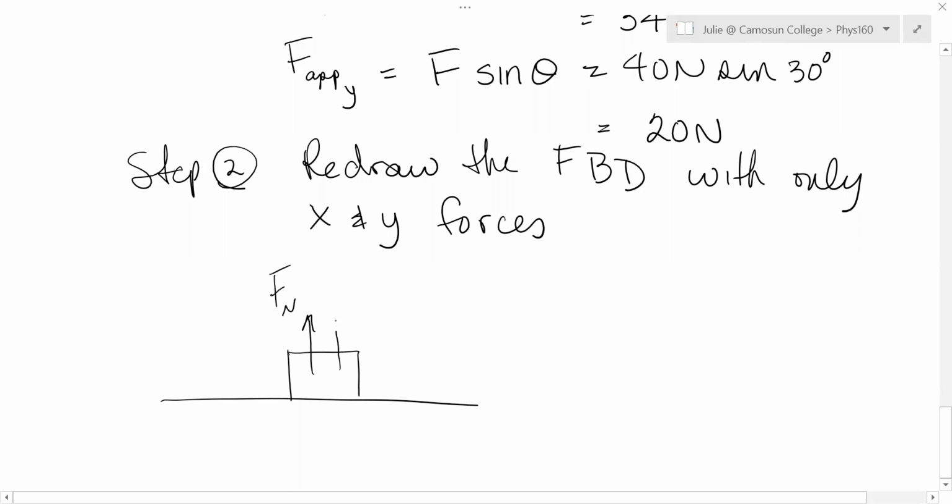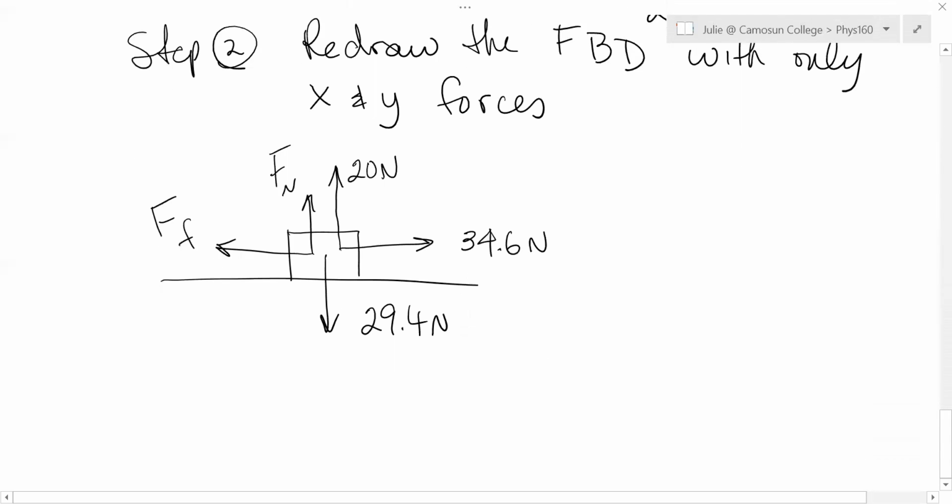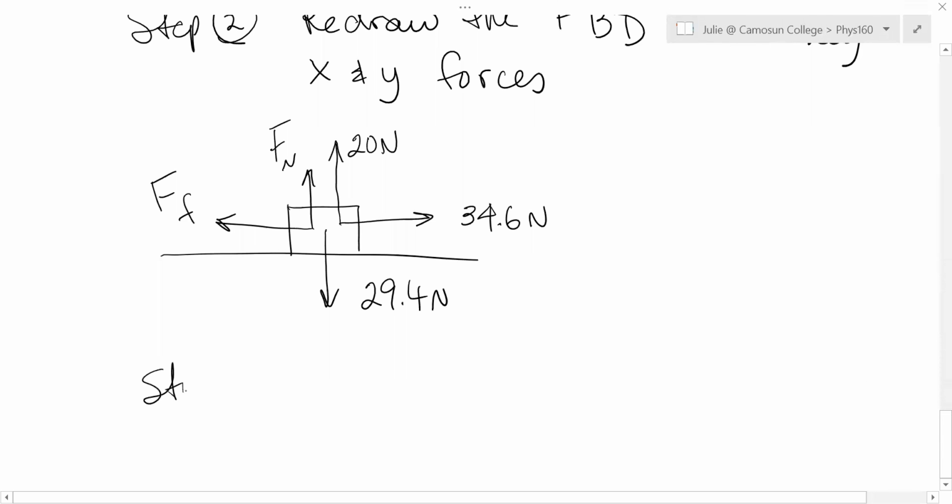We know we have that y component of the applied force. That's the 20 newtons. We have the x component of the applied force. That's the 34.6 newtons. We have the force of gravity, 29.4 newtons. And we have the force of friction. Now we don't know the force of friction and we don't know the normal force yet, but we can figure that out.